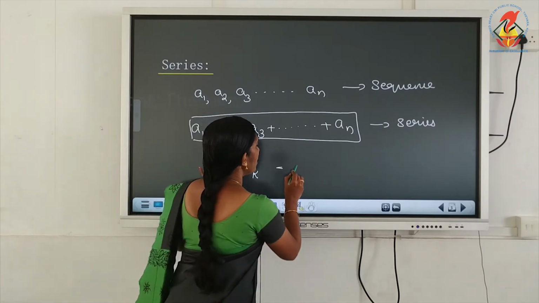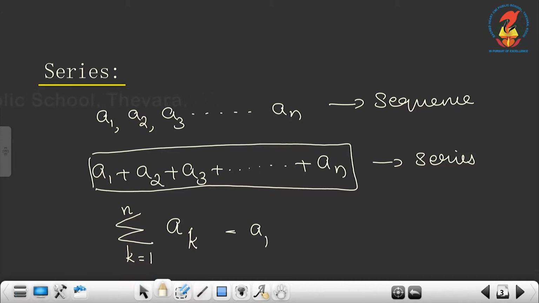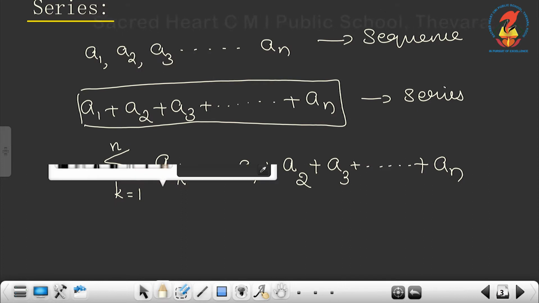The first term is A1. Then sigma means sum, so you put the plus symbol, then write the next term, giving the next number: K equal to 2, A2. Then plus, next is A3, plus etc., plus up to which number? n. So An.